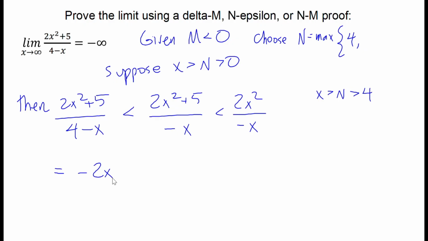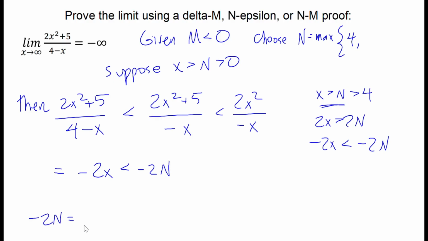And if x is greater than n, then 2x is greater than 2n, and negative 2x is less than negative 2n, which tells me that I can rewrite that as negative 2n. And if we end up with a negative 2n there, that means we're basically done.